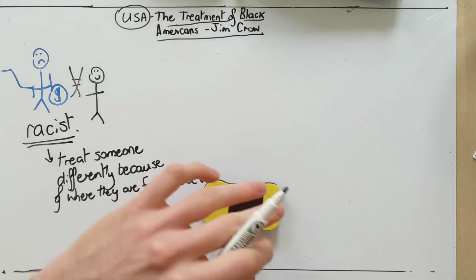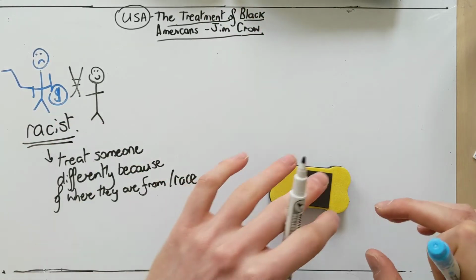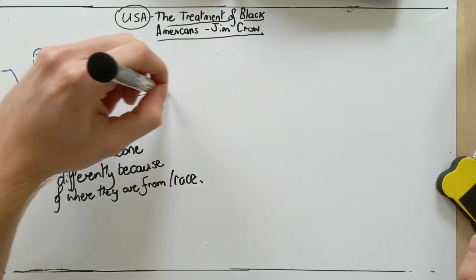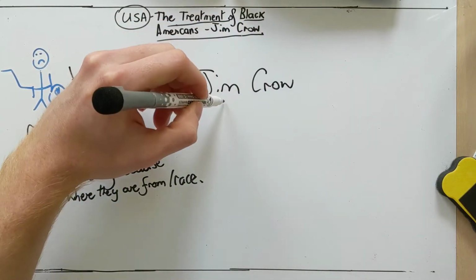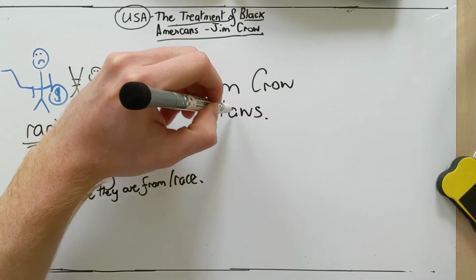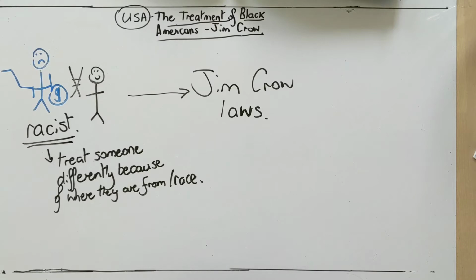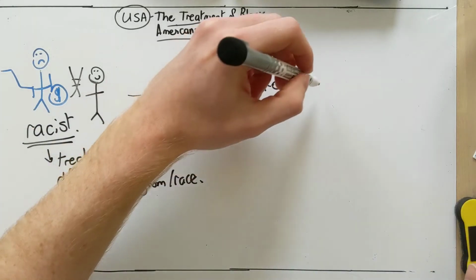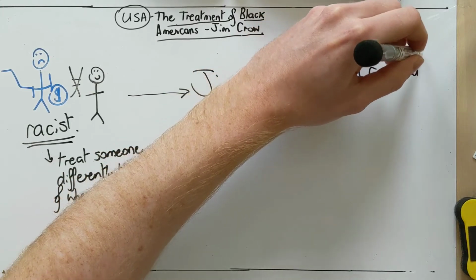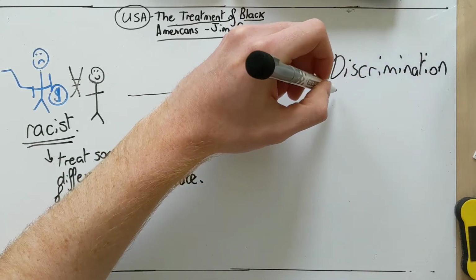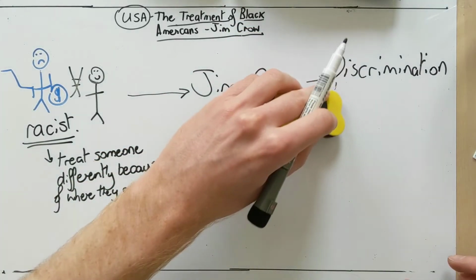Okay, so this creates the situation that we're going to be looking at. This leads to something called the Jim Crow laws. So it leads to discrimination.